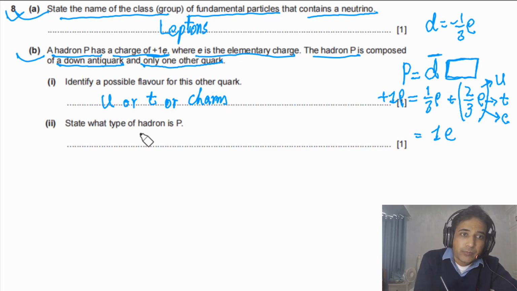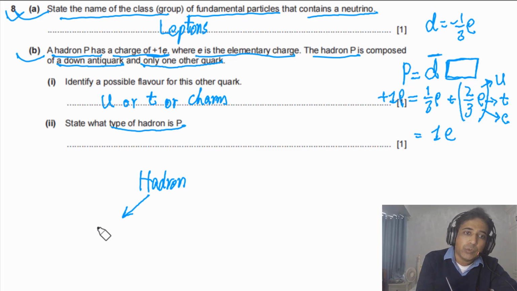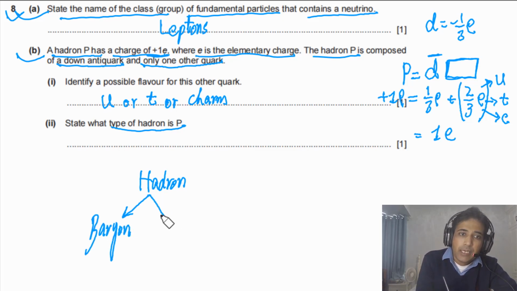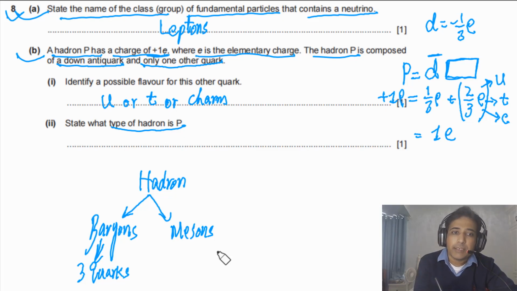For the second part, we need to state what type of hadron this is. So we need to understand hadrons. They can be classified into baryons and into mesons. Baryons, they consist of 3 quarks or antiquarks, meaning they consist of 3 particles.